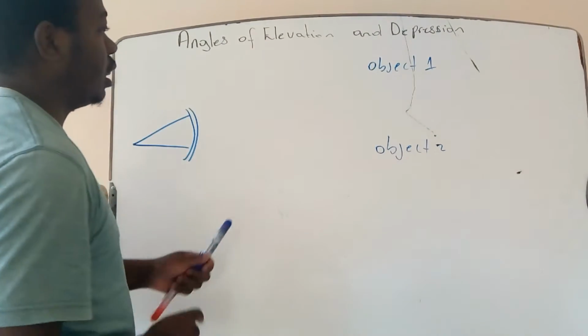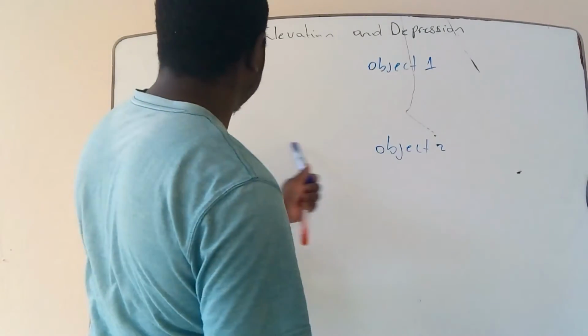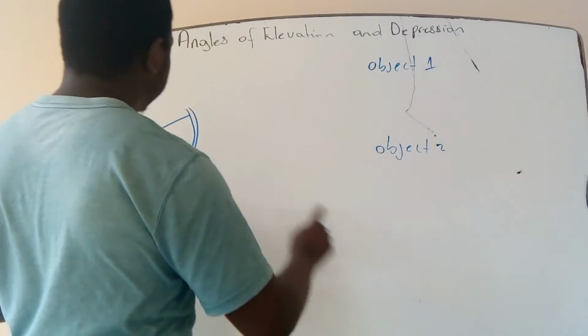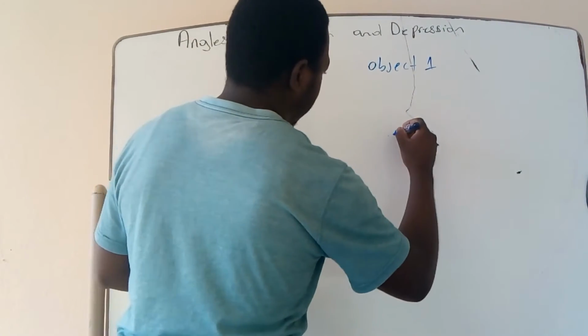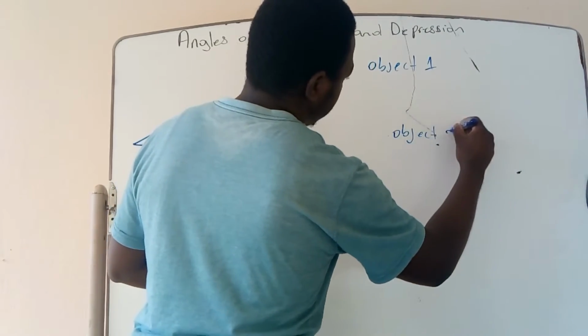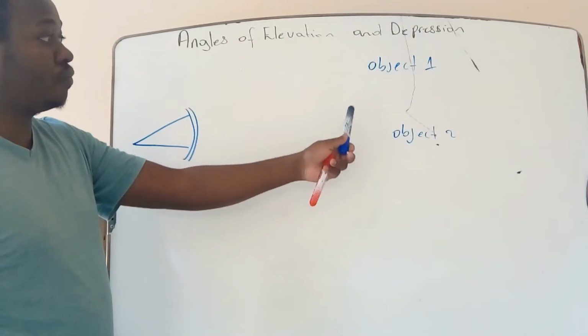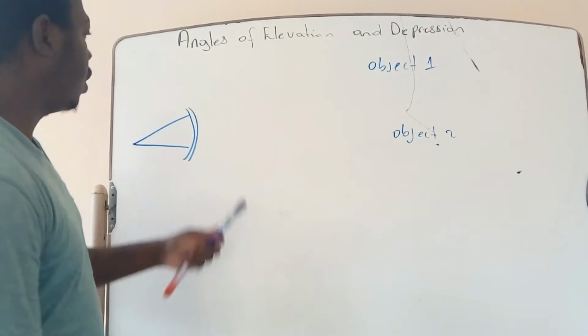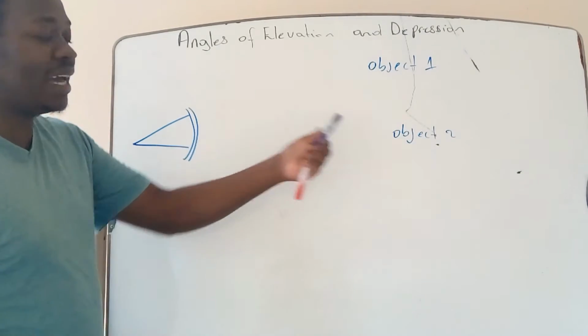Now, let's say that object number two is directly in front of your eye line, straight ahead. Let me write it further up more. Object number two. So these objects can be a plane, maybe a house or something. But this object number two is directly in front of your eye line, right?